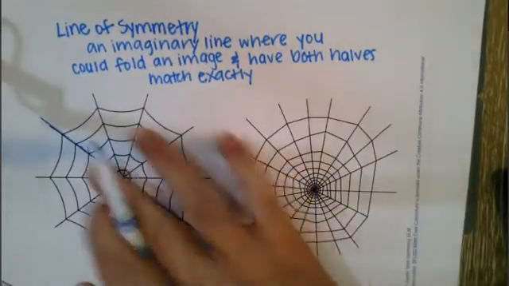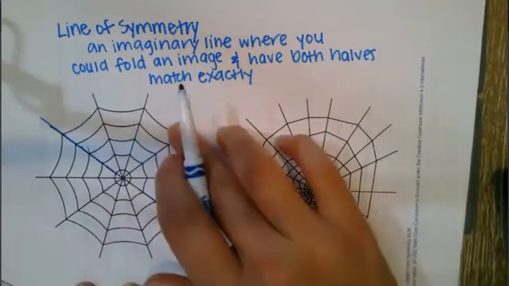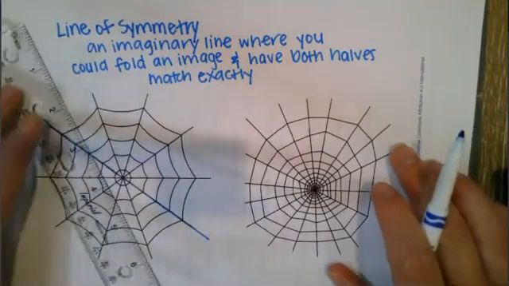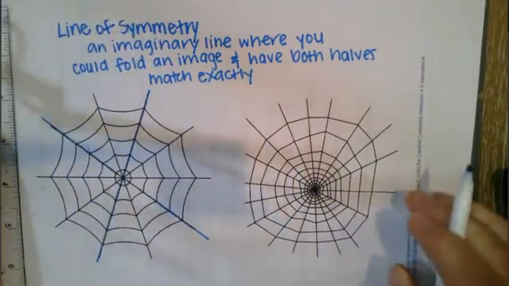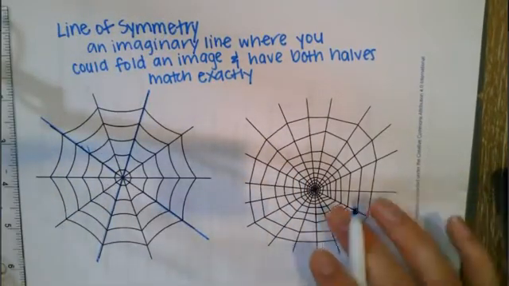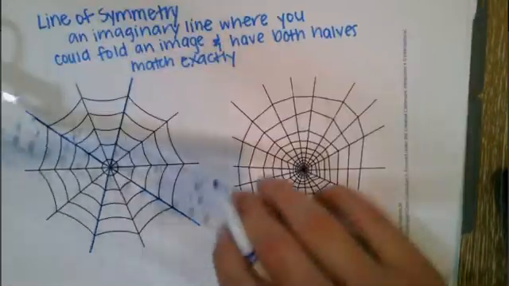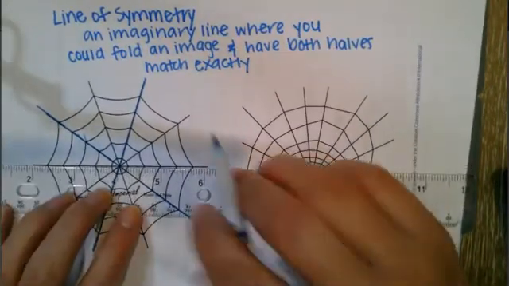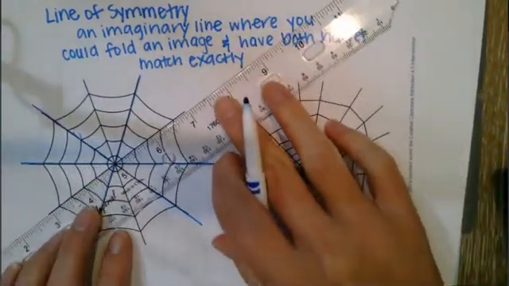And you see if we folded on that line, these two halves match exactly. We could fold the shape here. Could we fold it anywhere else to have two shapes that match exactly? Yeah, we can fold on any of these lines because this was such a perfect image that it has a lot of matching ability.